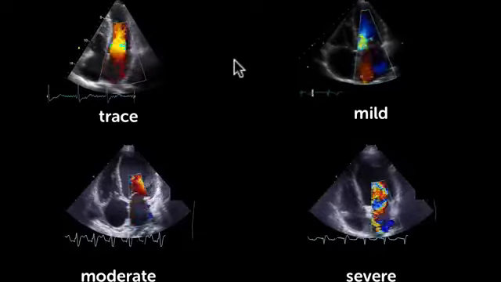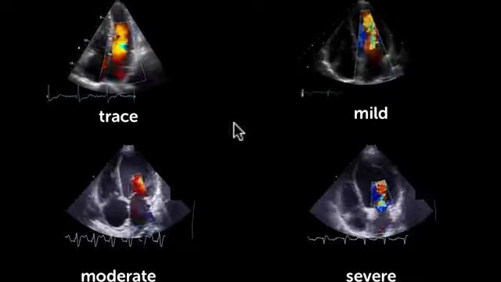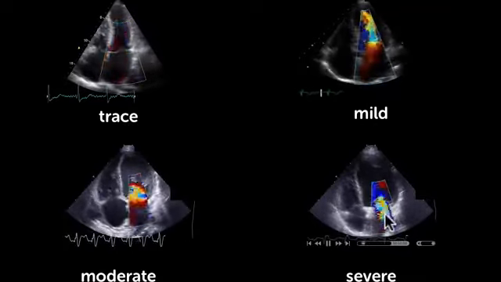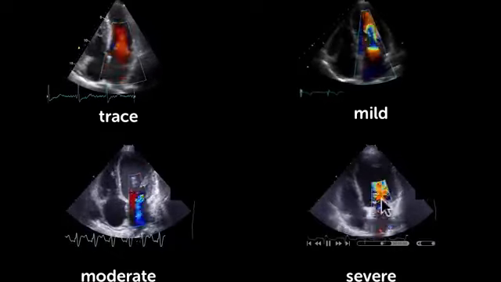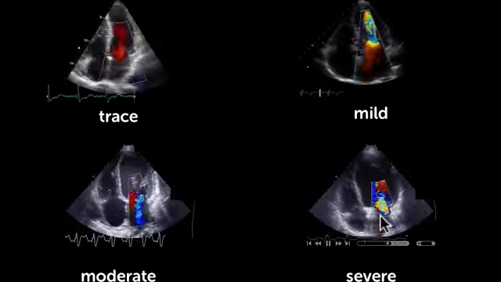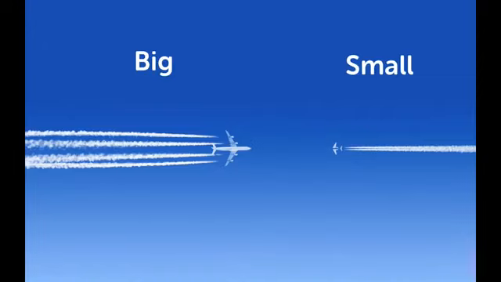But the jet is very small. In this case, the jet is a bit larger, and even larger here, and very, very large here. Also note that there's a lot of mosaic colors in here, so the velocity is fairly high, which is typical for mitral regurgitation. So in general, the bigger the jet, the more mitral regurgitation.